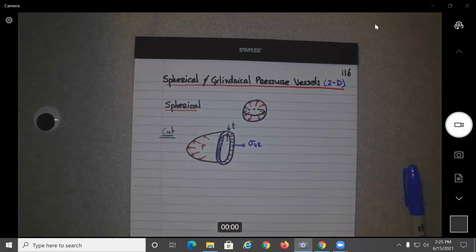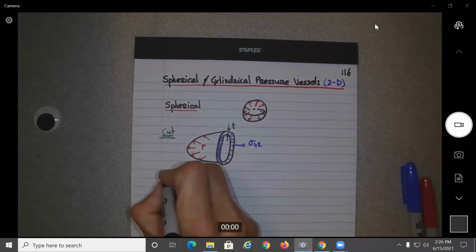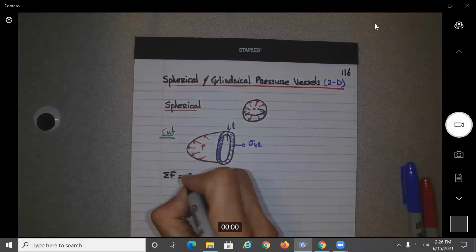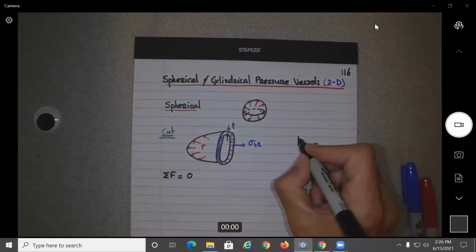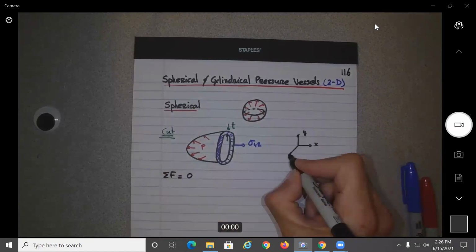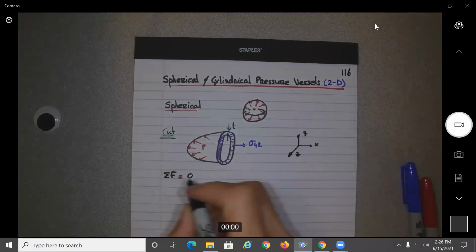So you see, it's always the same procedure. Once you make the cut, what do you need to do? Summation of forces. So let's say over here we select the X, Y, Z axes, and we take forces in the x direction.